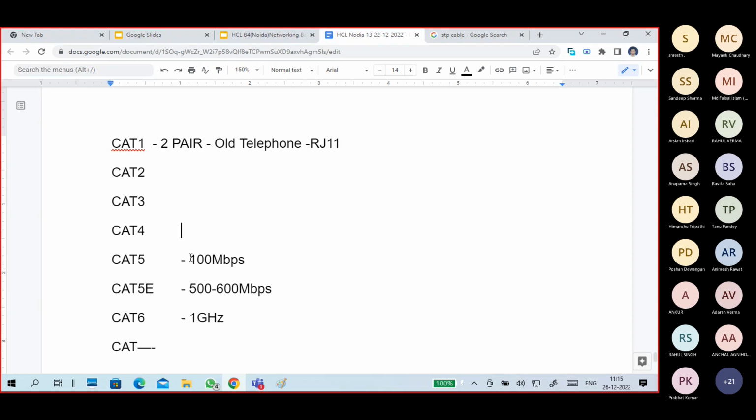Cat 4 is around 16 Mbps. Cat 3 is 10 Mbps. Cat 2, I think, is 4 Mbps support. As I know, this is important. These three we can get.